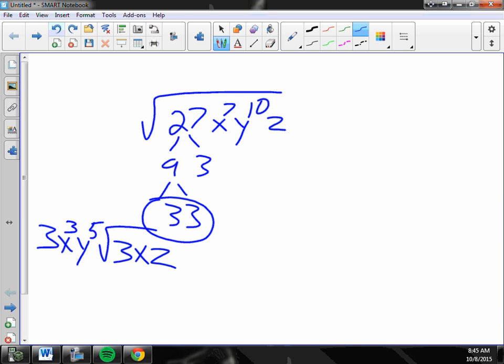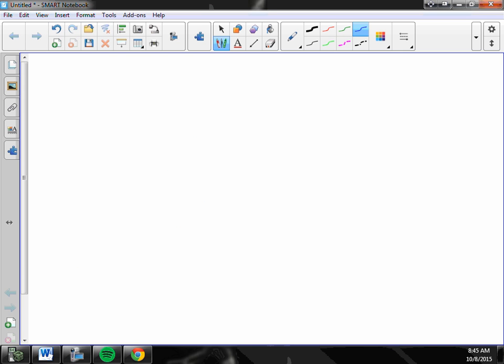Piece of cake, right? Well, now we have to make it harder. What about the third root of 81 x to the 6th y to the 10th? Right, now when we circle groups, it's no longer a group of 2, it's a group of 3.